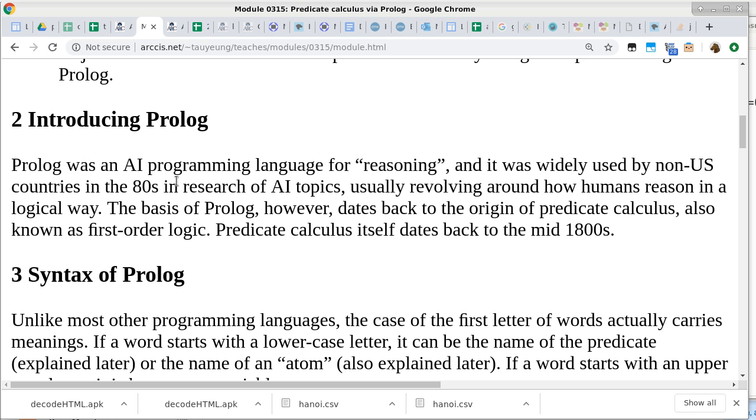Prolog was an artificial intelligence programming language for quote-unquote reasoning. It was not really used that much in the United States, but it was used a lot by European countries as well as the Japanese from the mid-'80s to the late '80s. So we are talking about a fairly old programming language for certain types of AI applications. This is kind of the counterpart of neural nets.